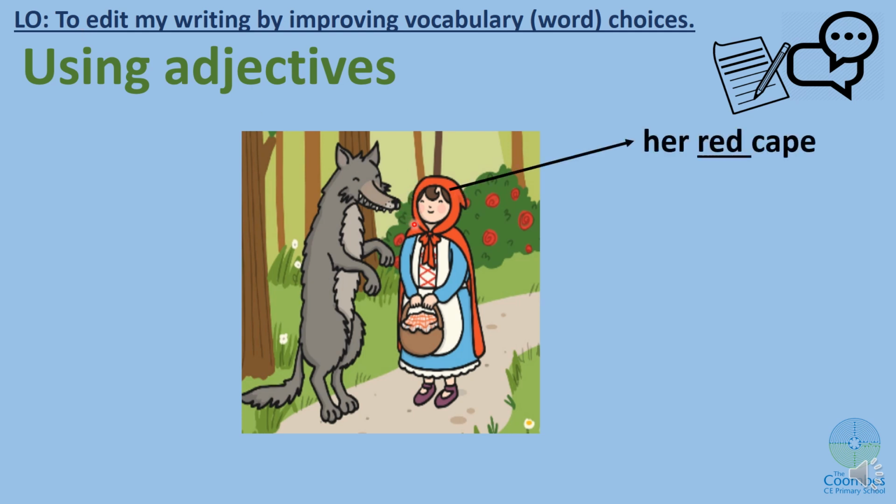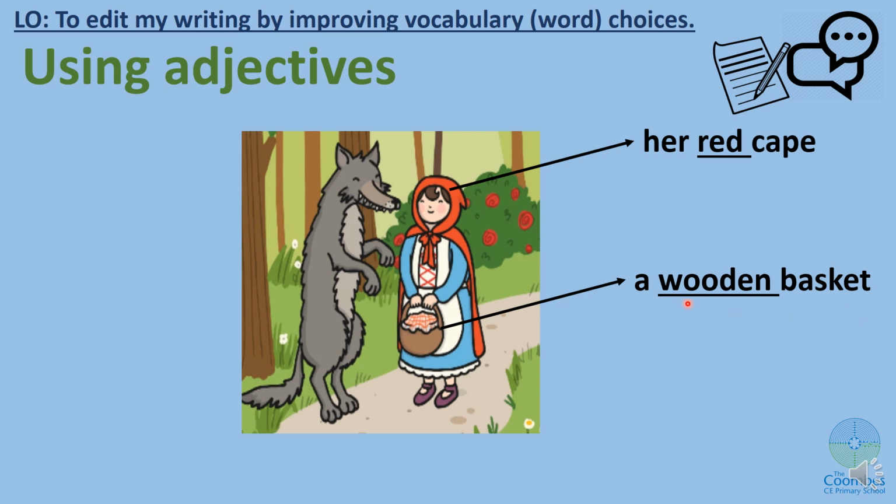So looking at Red Riding Hood, she is wearing her red cape. Red is describing the colour of the cape. I could have also written her long cape. She is carrying a wooden basket.